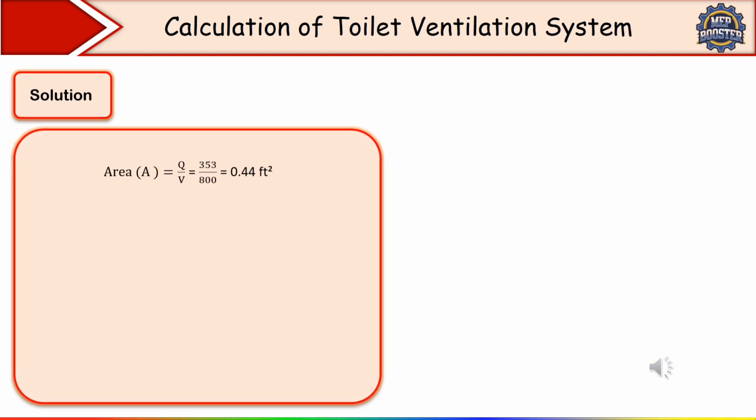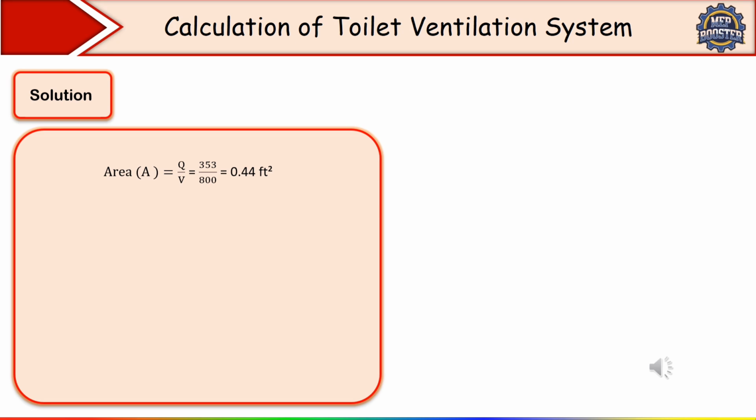Now see, area we have calculated for exhaust. Suppose I want to do the exhaust air duct size. First of all we need the area, right? To calculate the area we have a formula Q upon V, and the exhaust air CFM we have calculated is 353 divided by V, velocity 800 I have taken here.